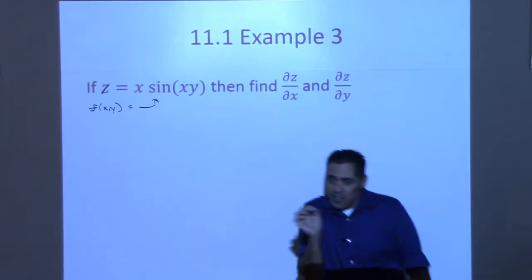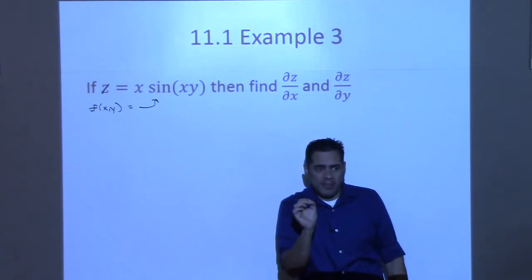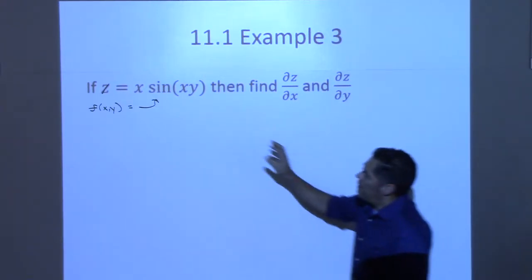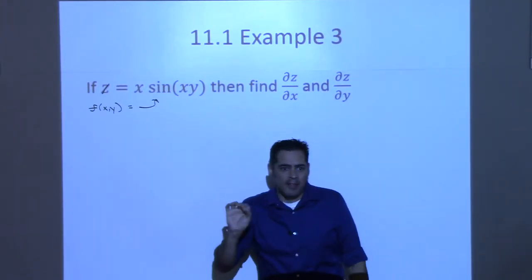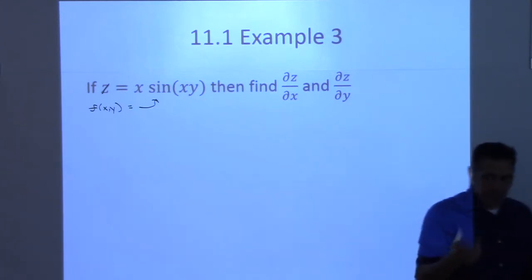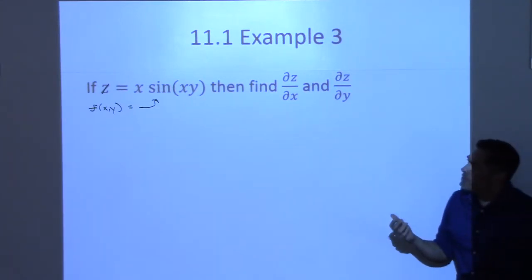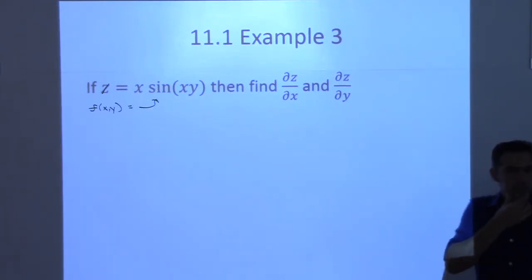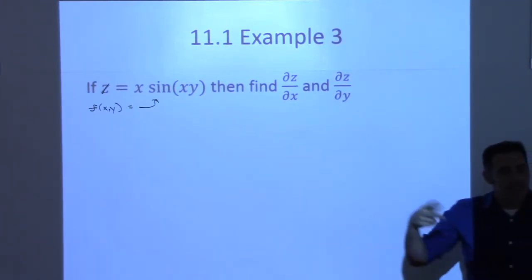So if I change y a little bit, is that enough for you to tell me what happens to z? If I make a little change in y, is that enough for you to tell me what happens with z? Okay, so why or why not? What do you think? Because z depends on x and y. Yeah, because you have to know x and y, right?